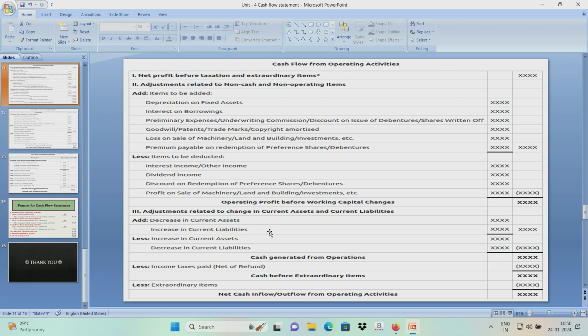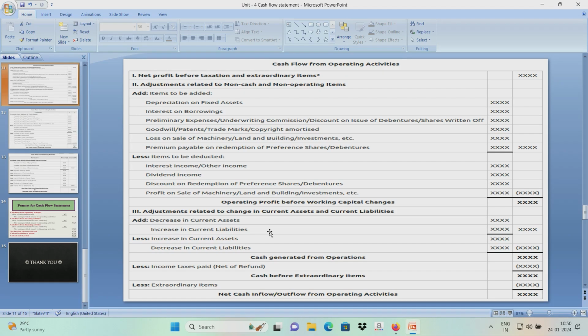And next, loss on sale of machinery, plant and machinery, land and building, or investment, any loss that occurred at the time of sale, we need to add. And next is premium payable on redemption of preference shares. So these are the items we have to add. These are non-cash items, so we have to add them. And next we need to subtract the income, that is interest income or any other income, dividend income, discount on redemption of preference shares, and profit on sale of machinery.